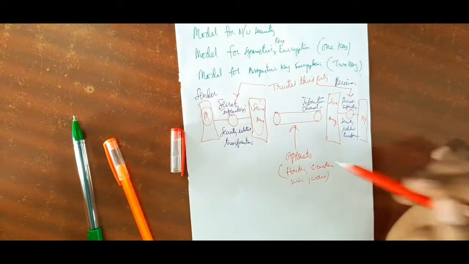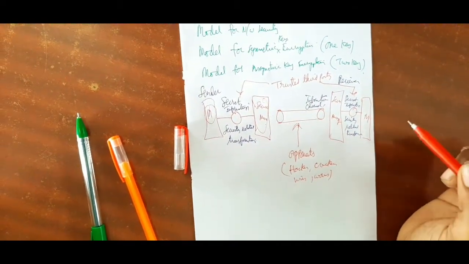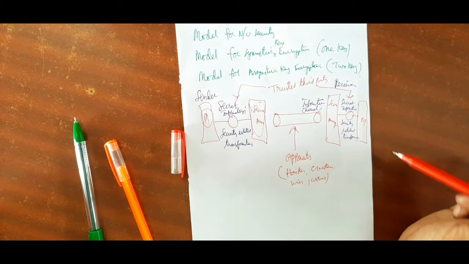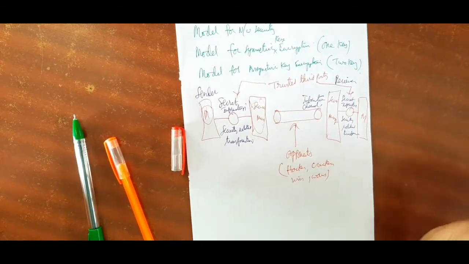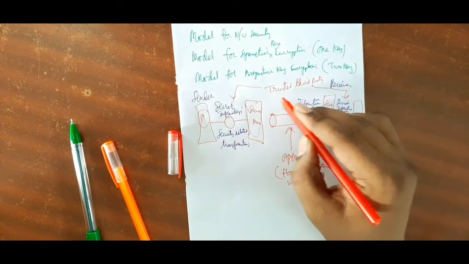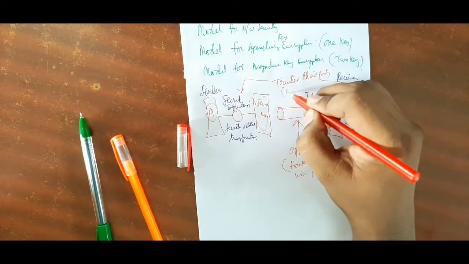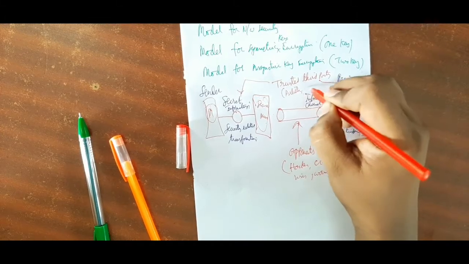This whole process of converting message to secure message using secret information and security related transformation, we call the model for network security. The trusted third party here is the arbiter and distributor.